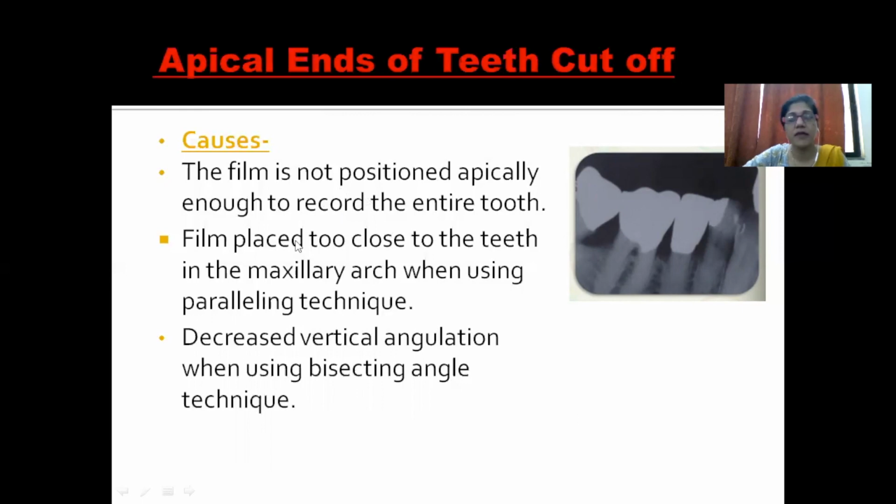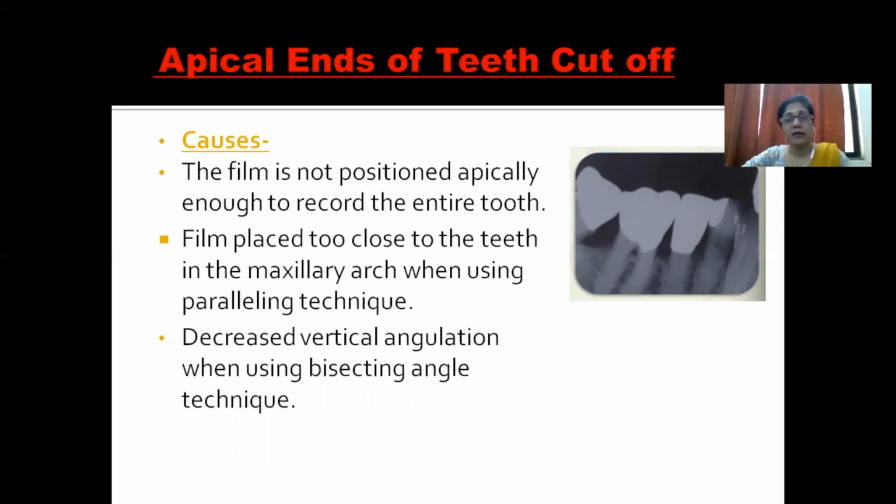Then film placed too close to the teeth in the maxillary arch when using the paralleling technique, and decreased vertical angulation when using the bisecting angle technique. We already have one video where I have explained in detail how the bisecting angle technique and paralleling technique are advantageous, and how they can be used to the maximum.